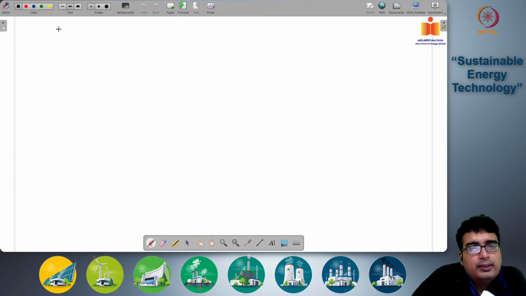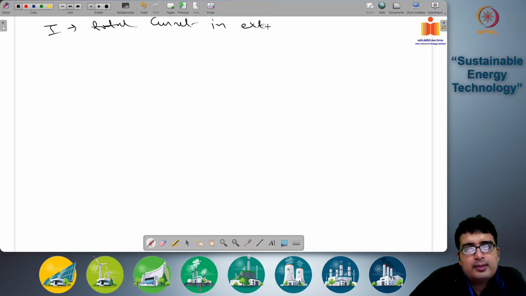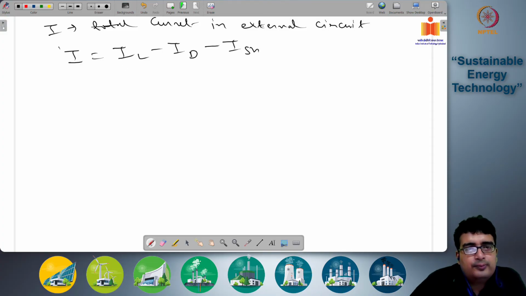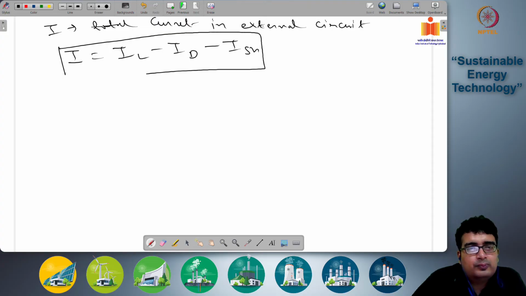So I is the total current in external circuit. I equals I light minus I dark current minus I shunt current.